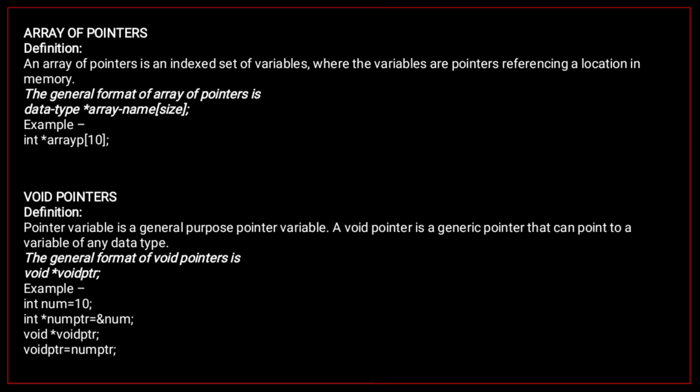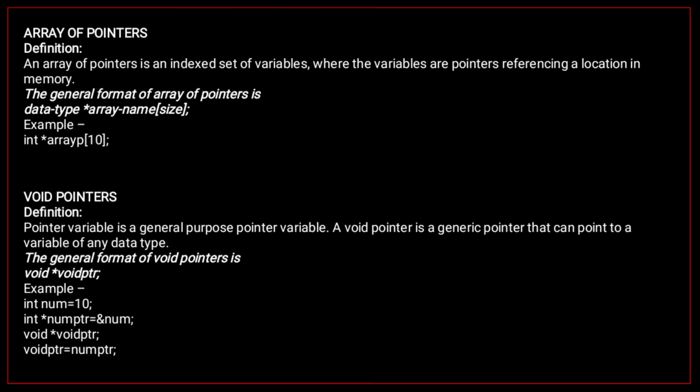Next, array of pointers. An array of pointers is an indexed set of variables where the variables are pointers referencing a location in memory. We can declare an array that contains pointers as its elements. Every element of this array is a pointer variable that can hold the address of any variable of appropriate type.